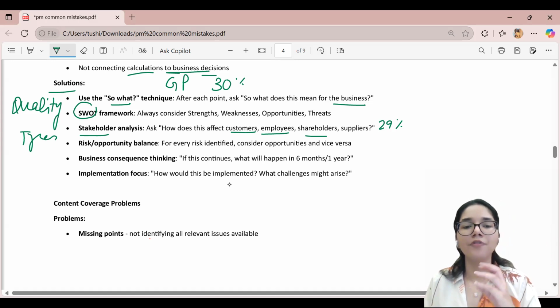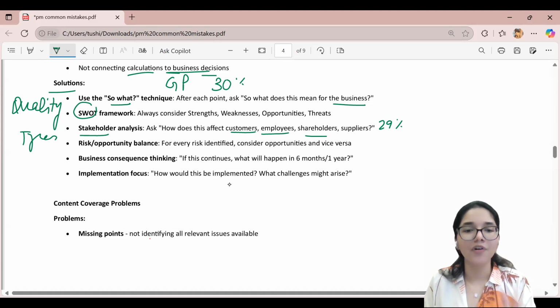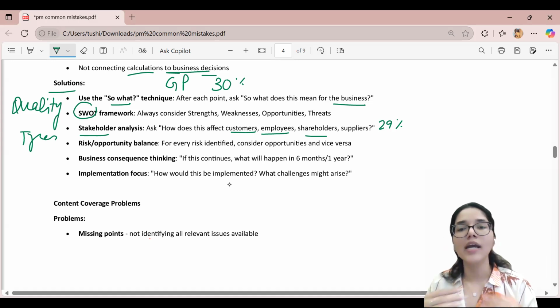So think of how one thing could have led to the other. Everything that happens in the universe, not just in the PM paper, is always a chain reaction. One thing has happened because of which the other thing happened. This other thing will cause another thing to happen. So think of the chain effects.